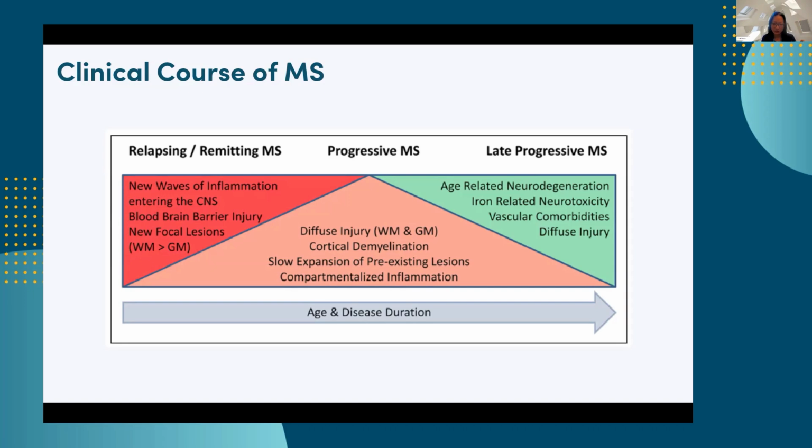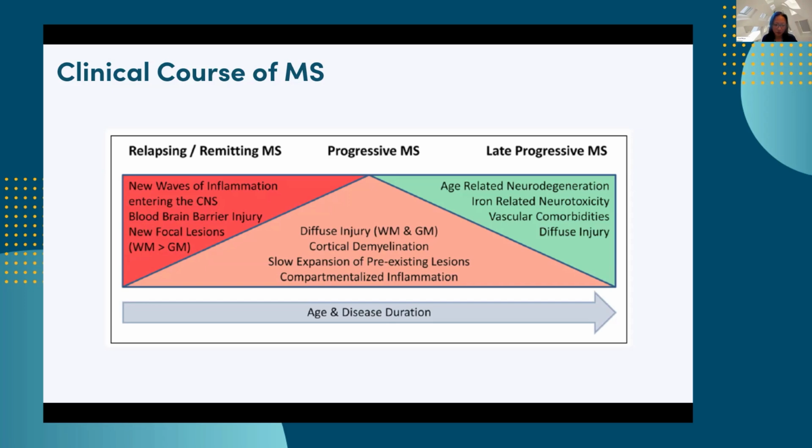What we didn't understand until more recently was that the coral box was actually what was driving that silent progression. Because we were witnessing it with our patients, we really wanted to understand what was driving it. Our understanding now is that the coral box is actually occurring and driving progression.